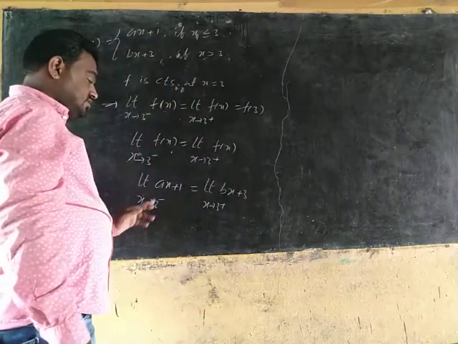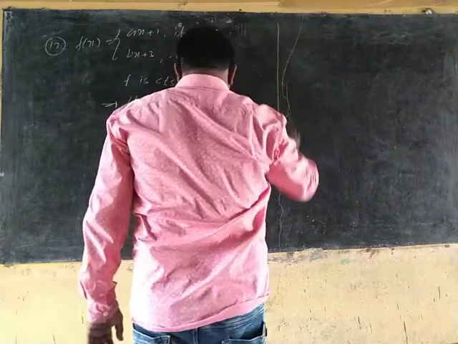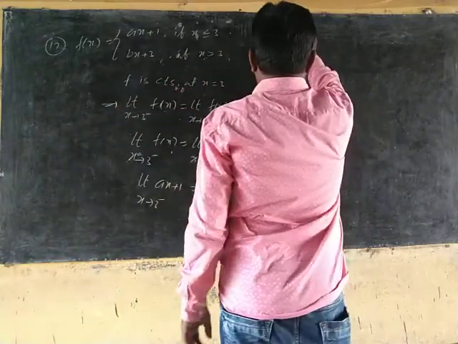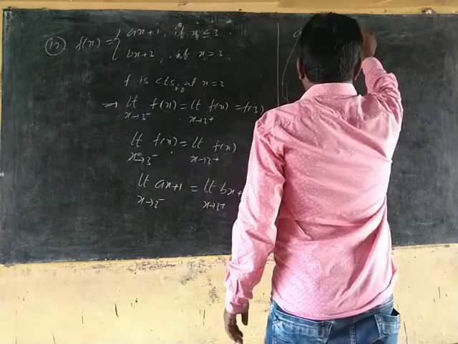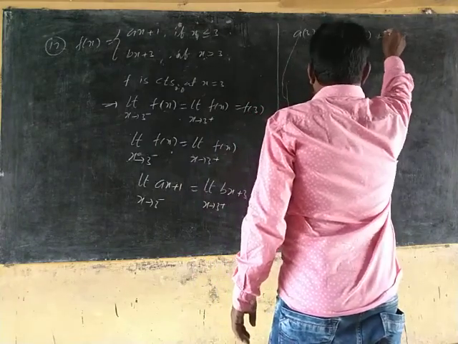Now you substitute x equals 3, then what we are getting: a into 3 plus 1 is equal to b into 3 plus 3.